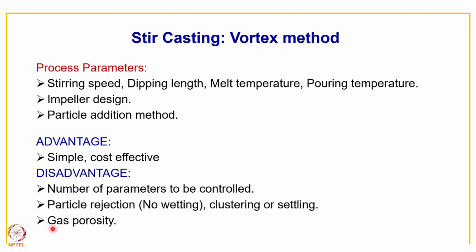And then, gas porosity is also a problem because while creating this vortex, air bubbles can be trapped into the liquid metal because of this agitation of the melt, and that would lead to the creation of gas porosity in the solidified composite material. But nevertheless, this is one of the most cost-effective and simplest methods of making metal matrix composites, including aluminum-based composite materials.